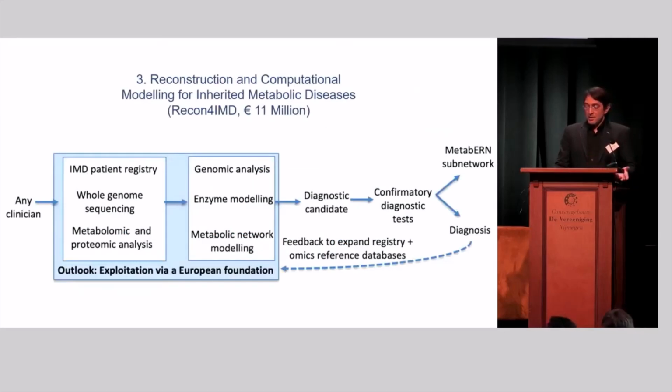What we'd like to do is use reconstruction and computational modeling of inherited metabolic diseases to accelerate diagnosis, by working with patient registries of inherited metabolic disease patients, doing whole genome sequencing on them, and comprehensive metabolomic and proteomic analysis, then taking that data into standardized genomic analysis pipelines, modeling the enzyme structure using the likes of AlphaFold, and combining that with metabolic network modeling, so that we can direct the clinician in the first instance to a diagnostic test that might confirm quicker, instead of going around in the cycle so much.